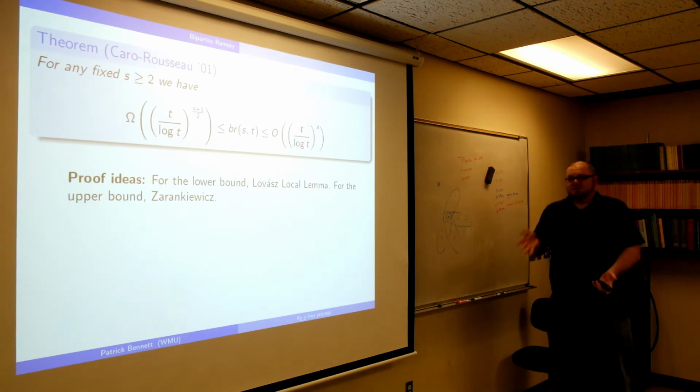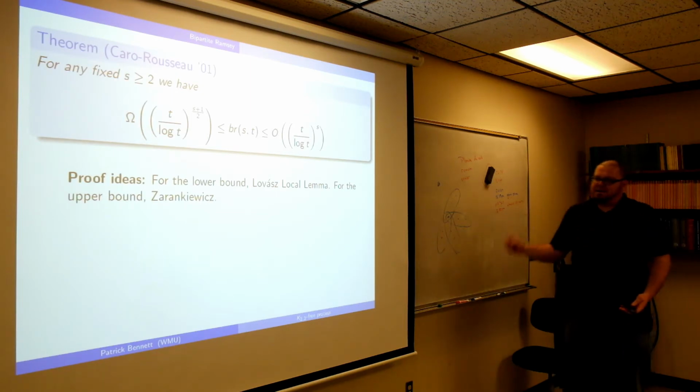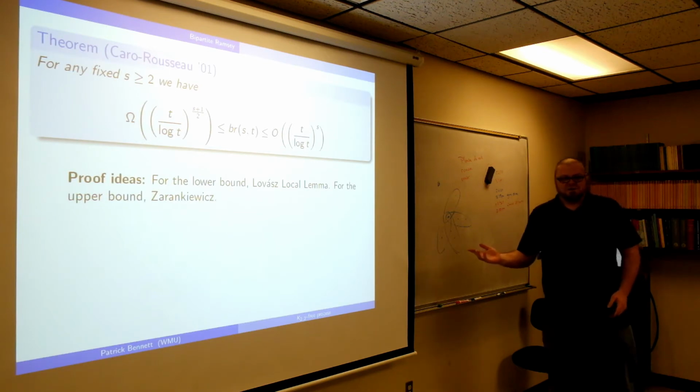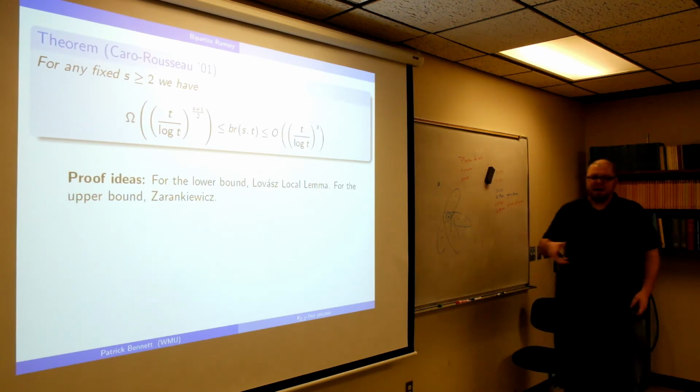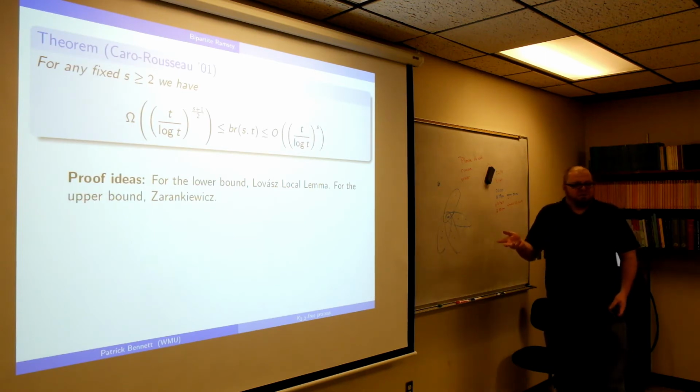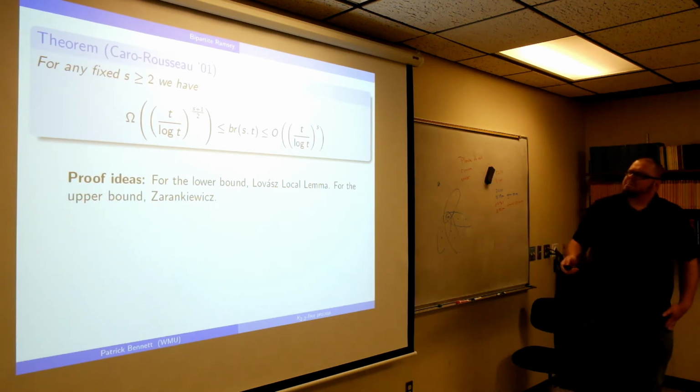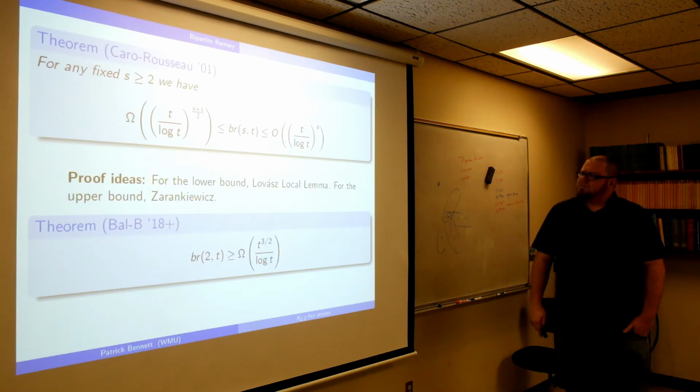The argument just goes as follows for the Ramsey bound. You have a graph, all the edges are red or blue. Pick the majority color, either most of the edges are blue or most of them are red, and then just use the Zarankiewicz bound. You just can't have that many edges in a graph that avoids a red, whatever you're trying to avoid. Okay, so what did we do?